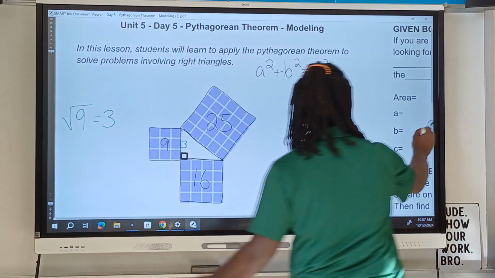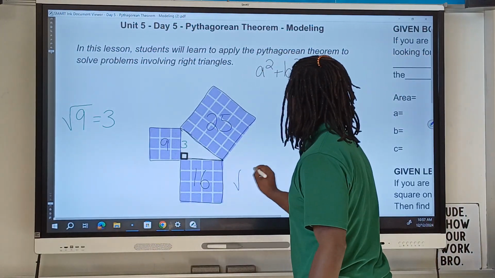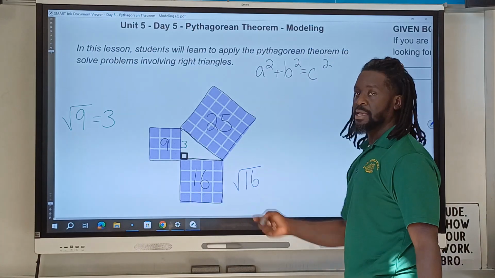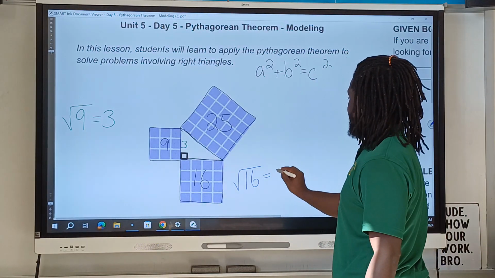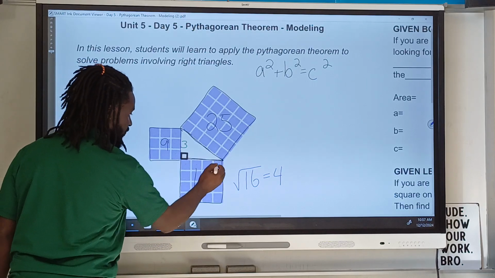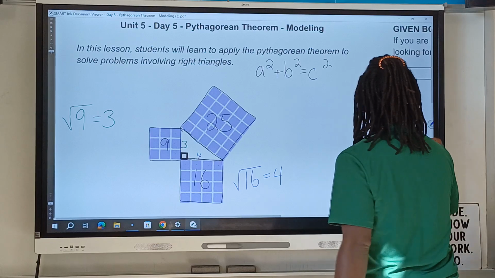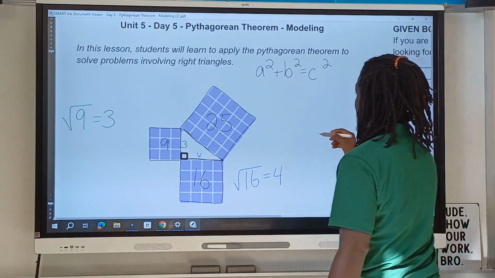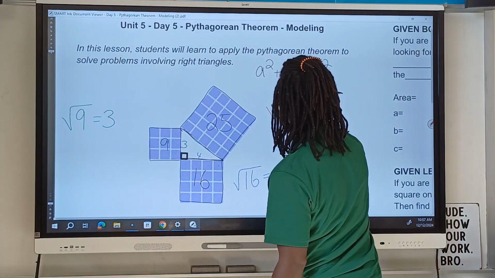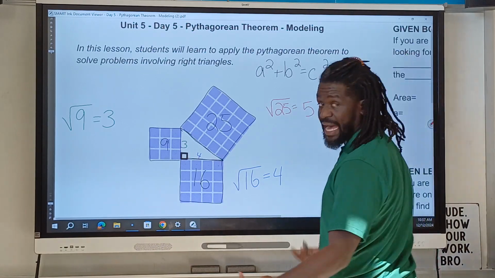And then the length of the other leg, well, I do the square root of 16, okay? And the square root of 16 is 4, right? And again, I can confirm that because it's 1, 2, 3, 4, right? And then, same thing, the area of this square is 25, and I do the square root of 25, and that is going to give me 5, right?